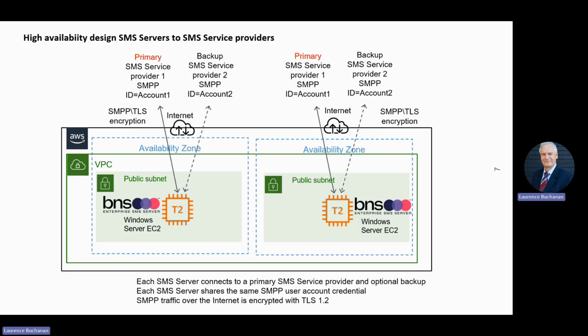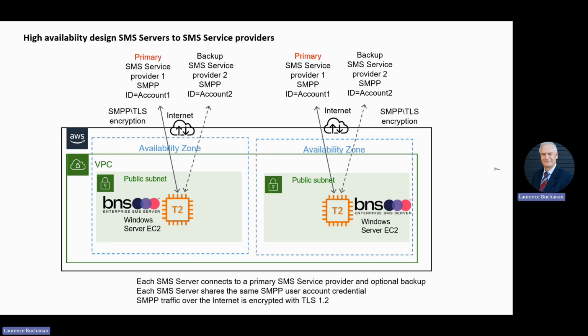So now let's get into something a bit more technical. So here we've got a primary SMS service provider on the left-hand side, and we've got the same SMS service provider primary on the right-hand side.